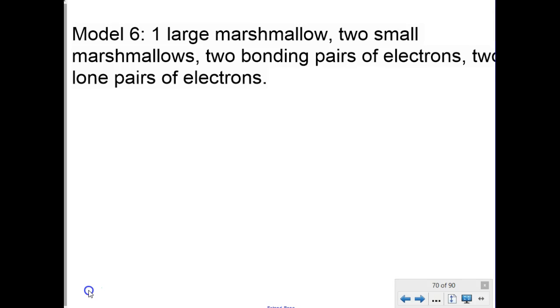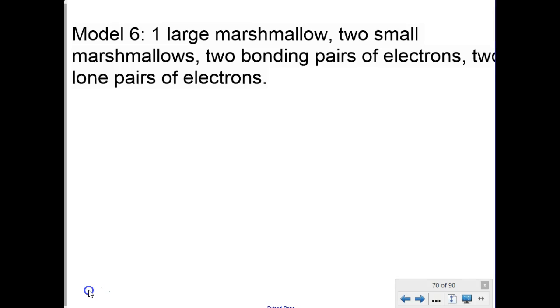There are 3 atoms. There are 4 pairs of electrons. 2 of these are lone pairs because there's no marshmallow at the other side. 2 of these are bonding pairs.